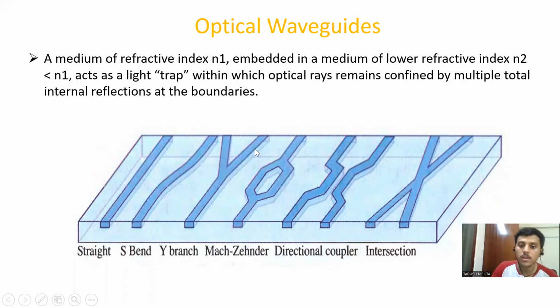Then the Mach Zehnder interferometer is used if we want to split the light into two parts, where one part should have some phase difference with respect to the other, and then we want to interfere them. Then if we want to couple some small amount of light from one fiber to the other fiber, we make use of a directional coupler. These are a few examples of optical waveguides, the basic working of which can again be explained using ray optics.